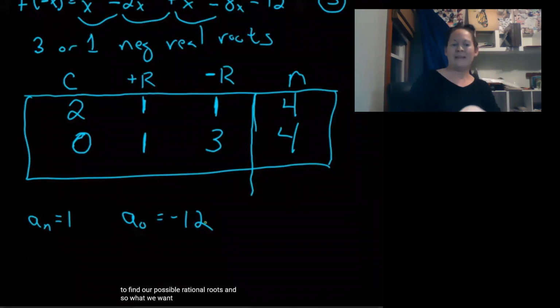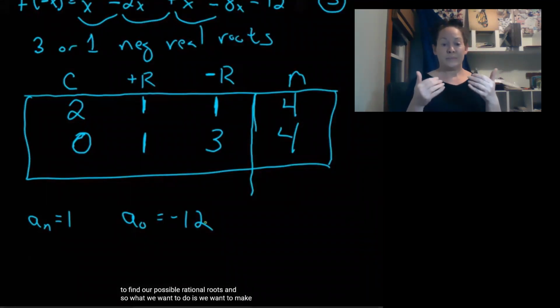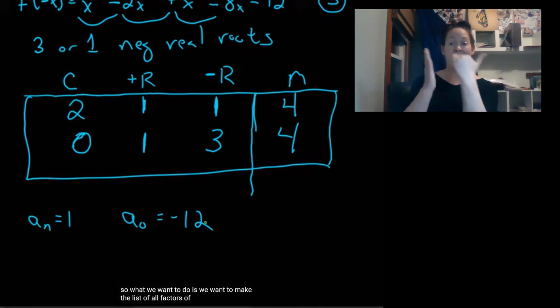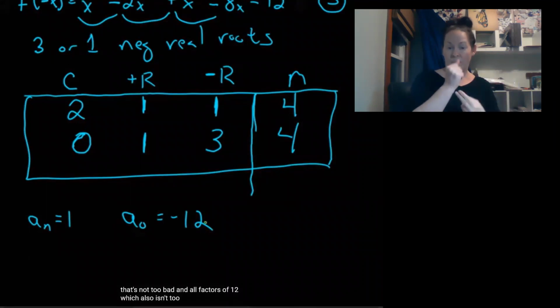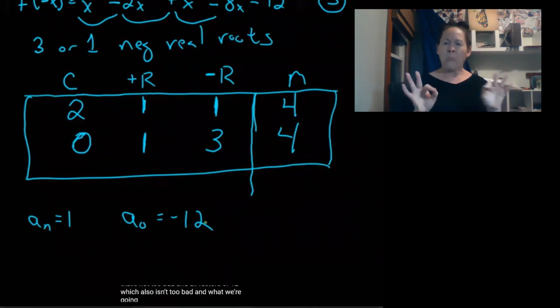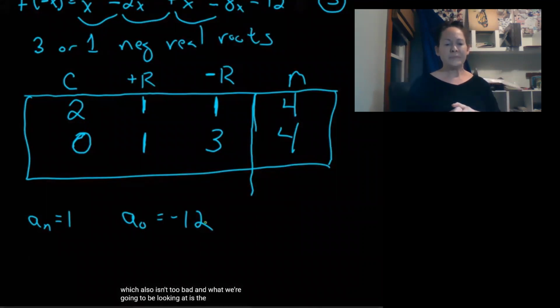And so what we want to do is make the list of all factors of 1, well, that's not too bad, and all factors of 12, which also isn't too bad. And what we're going to be looking at is the 12 over the 1s, right? So we say this was our p's and this was our q's.